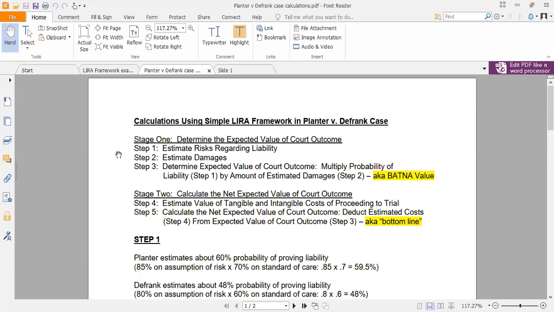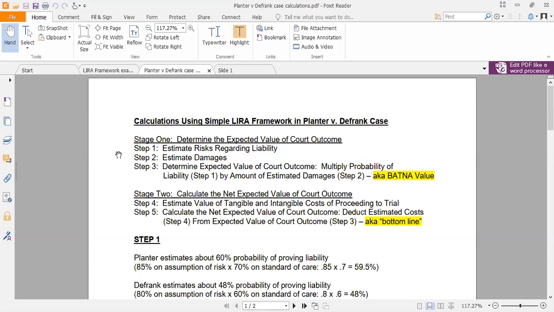These are not dropped out of the sky from heaven with certainty. Lawyers have to make their best estimates, and these estimates will change during the course of a case. And the estimates that you're going to see here are ones where they occur late in the case. At the beginning of the case, each side is going to have much more optimistic estimates.